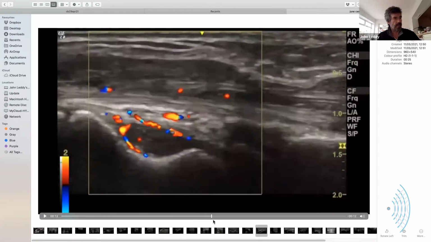That shape there. As opposed to, even if it's a bit arthritic, the shape will tend to follow the contour of the bone, whereas this goes the other way. And that's classic wrist synovitis.